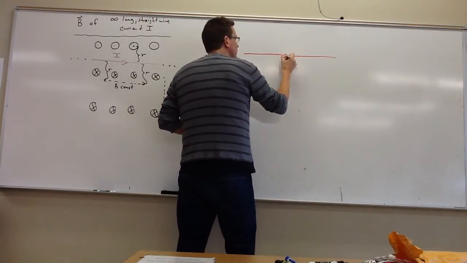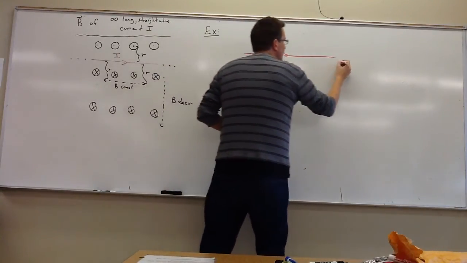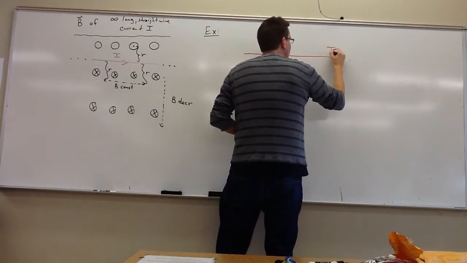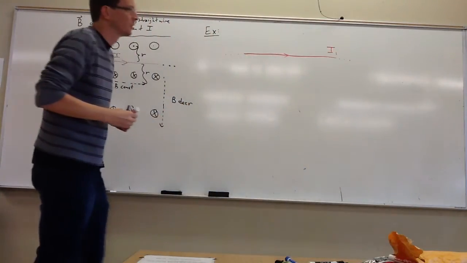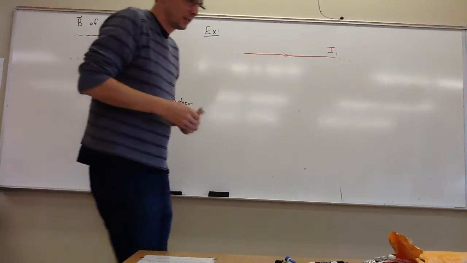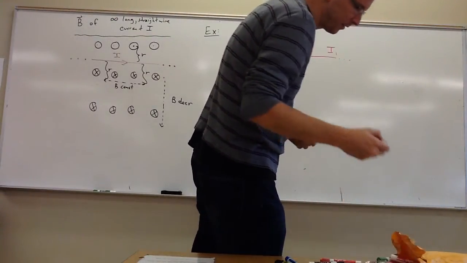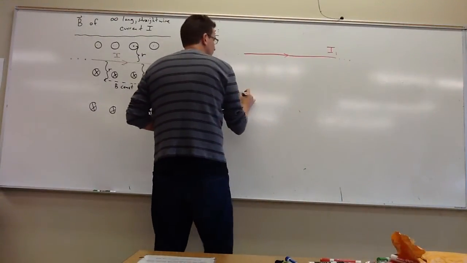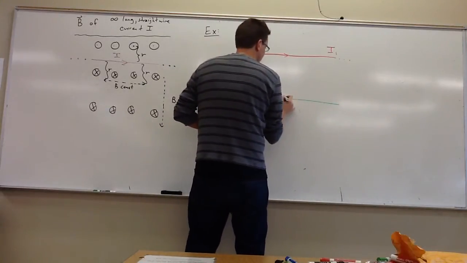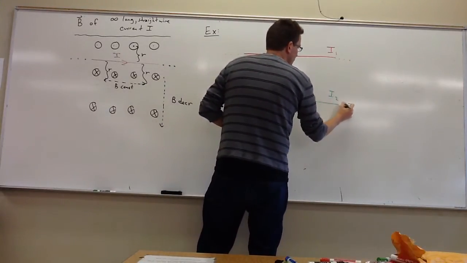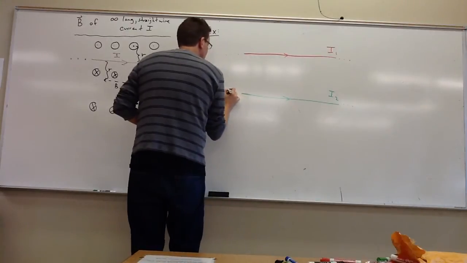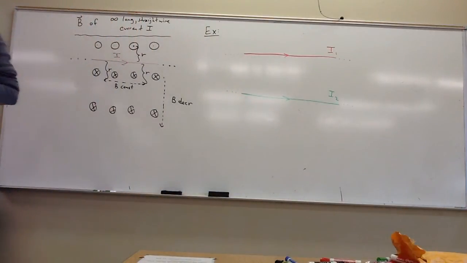So pick one color for the first wire. I'll call that I1. And then pick another color for a second wire. I'll call that I2. So what I have is not one, but two parallel wires.